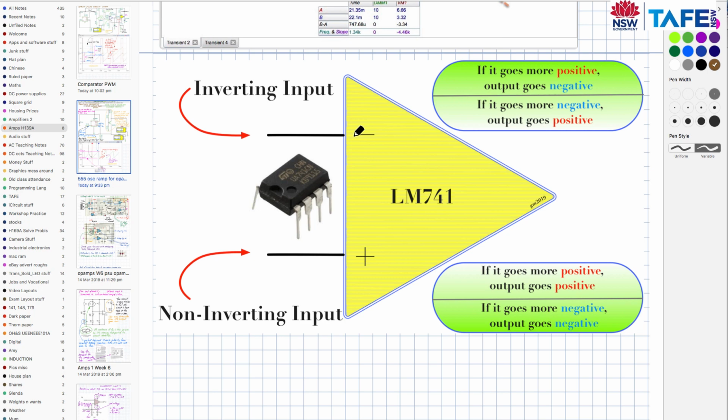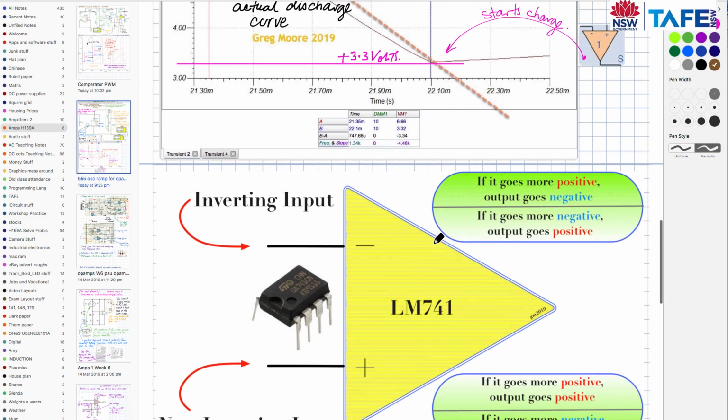So about 50 microvolts more negative, and the output is going to swing positive because we have inverter action. If the input goes 50 microvolts compared to its buddy more positive, then we get comparator action and we get inversion, the output going more negative. So these are the rules that I've set up here specifically for comparators and operational amplifiers used as comparators.